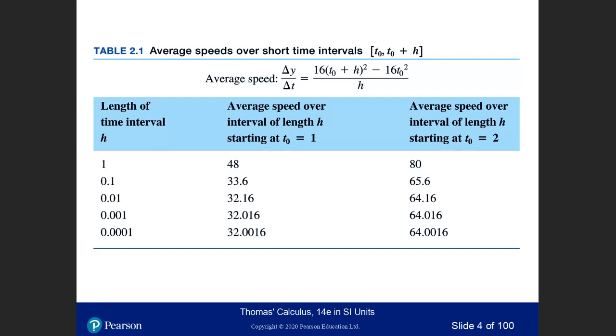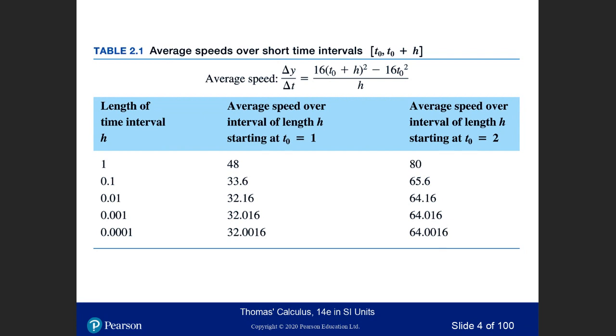Let's look at this table where f of t is 16t squared. Now t2, let's say, is t0 plus h, where t0 is 1. And there's another trial with t0 equal to 2. Now t0 plus h shows t2 and t0 shows t1.